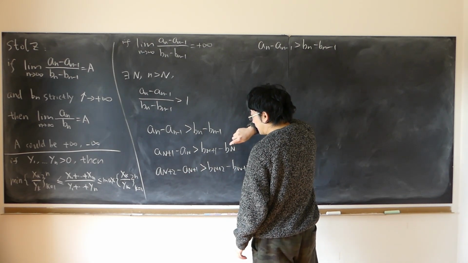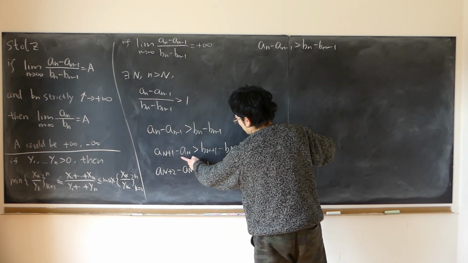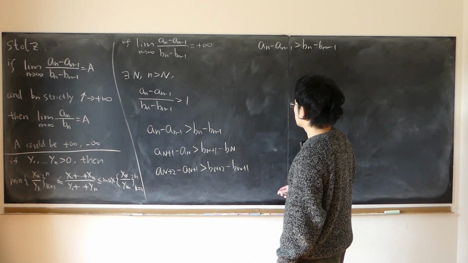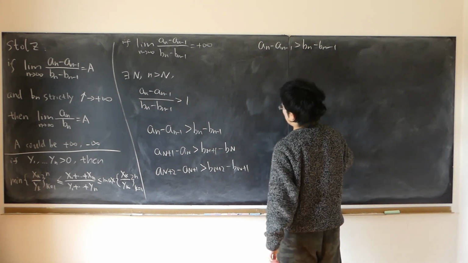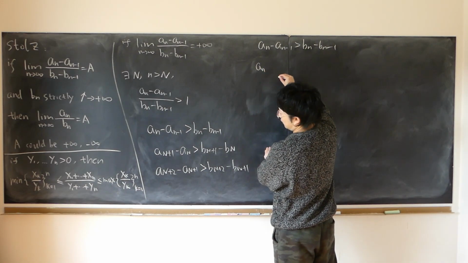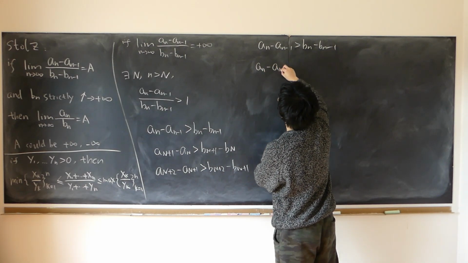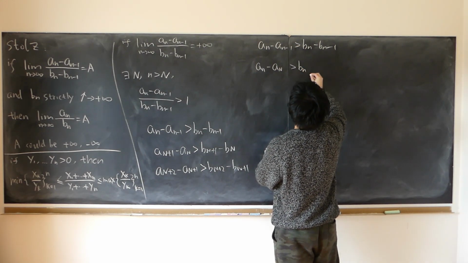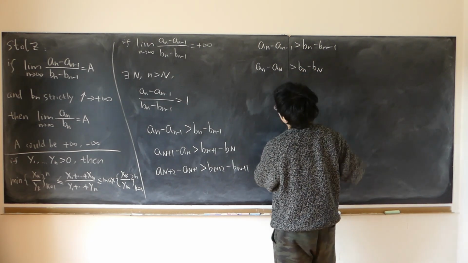So in the end, we're only left with minus a capital N and a little n. That's what we're left with. So a little n minus a capital N is still bigger than or equal to b little n minus b capital N, for the same reason.